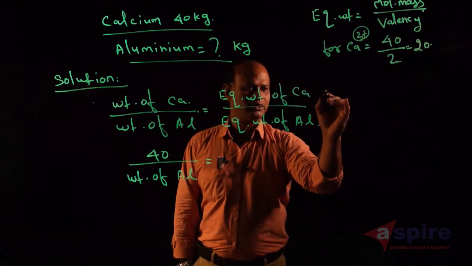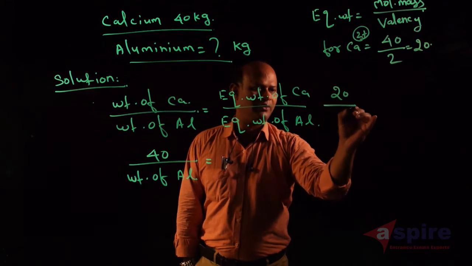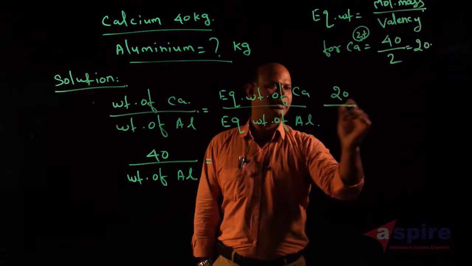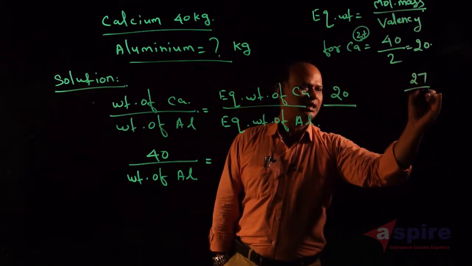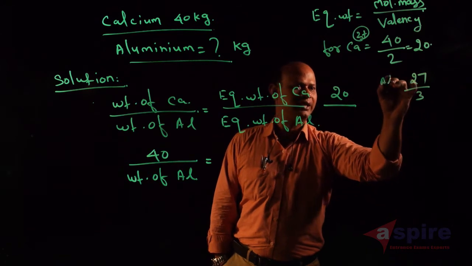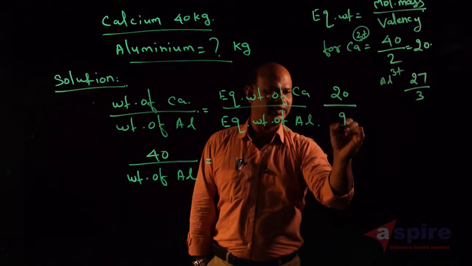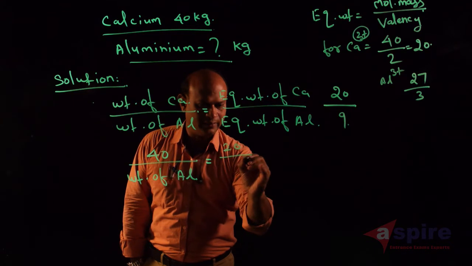I just substituted 20, divided by the equivalent weight of aluminium, calculated in a similar manner. Aluminium molecular mass is 27 and the valency is 3 because Al3 plus. If we substitute these, we get 9. So I just write 20 divided by 9.